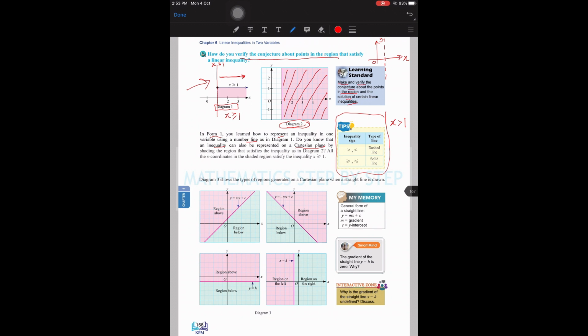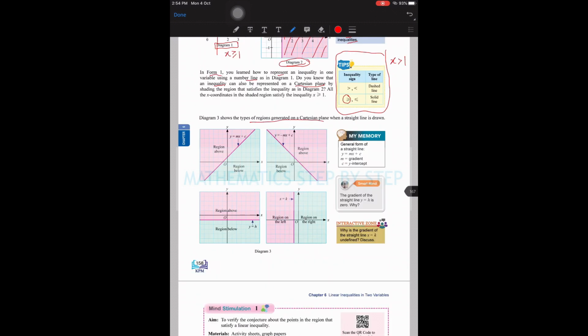So we will use a dotted line to represent this, okay? X is greater than 1, so we should shade here. Okay? Then if greater than or equals to, then we'll use a solid line. Okay? So later on we'll learn more on this also. After we look at the examples, you'll understand, okay?